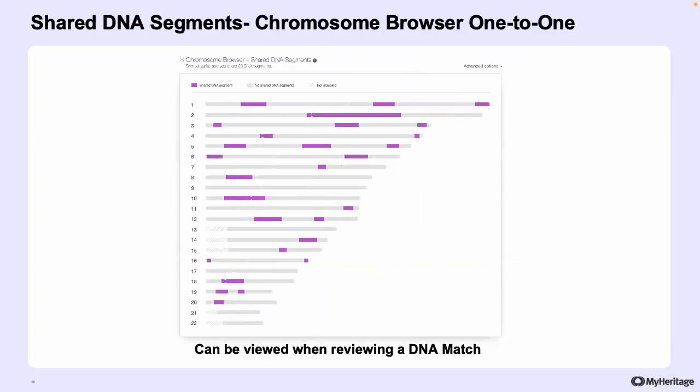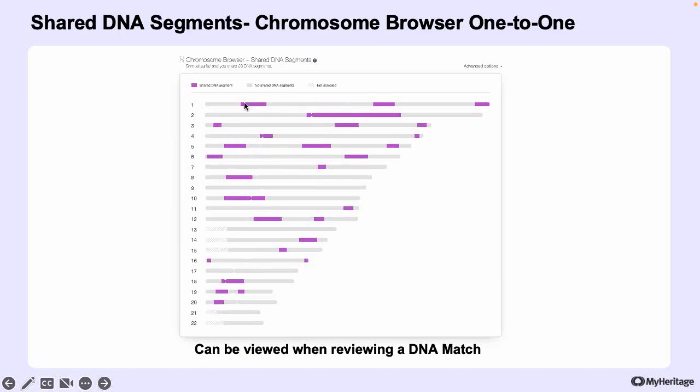Now, for the shared DNA segments, when you go into the Review DNA Match page, you will have a chromosome browser. This is called the chromosome browser one-to-one. Why? Because I'm looking at myself against someone else, one-to-one. Each strand represents one of the two chromosomes each one of us has, 1 to 22.